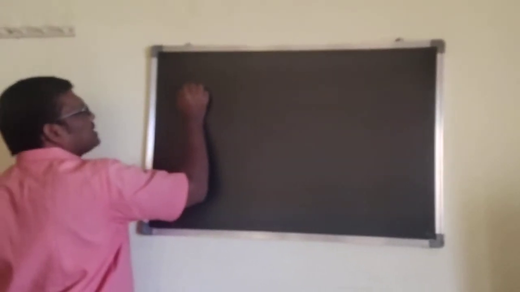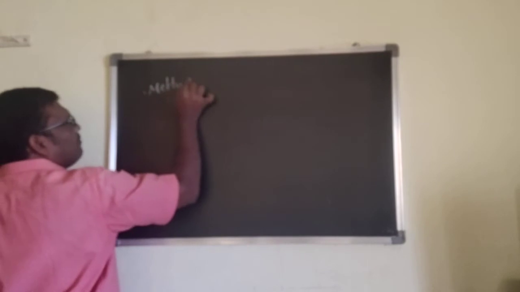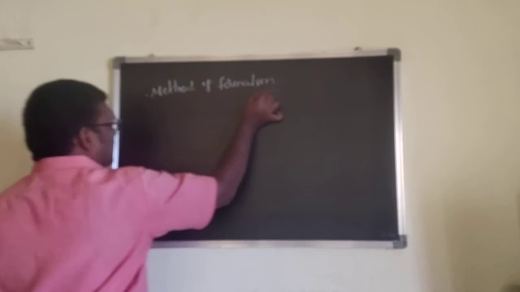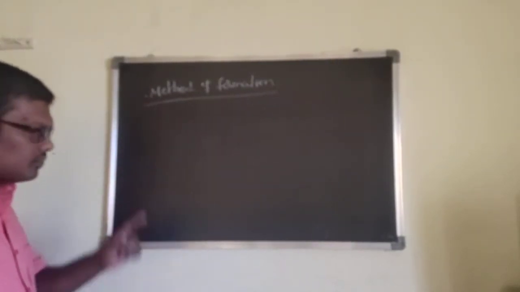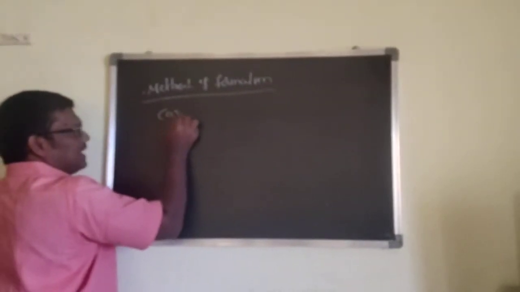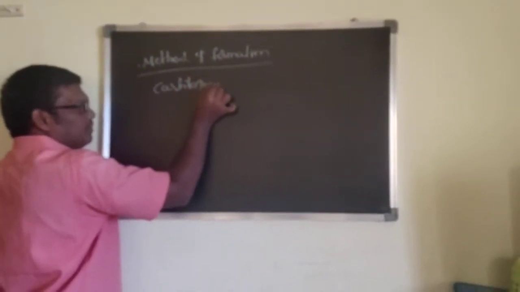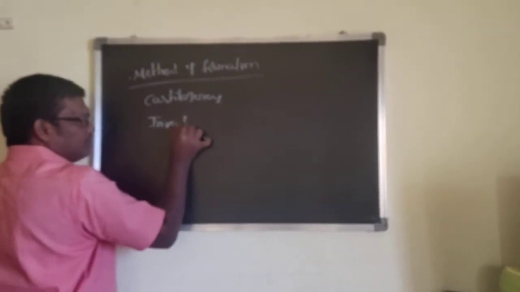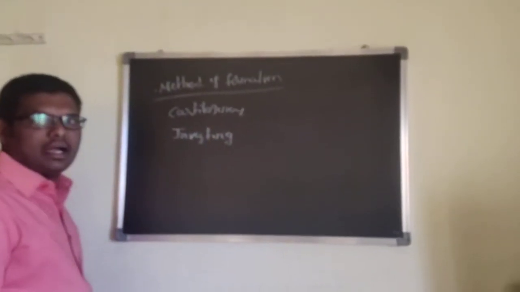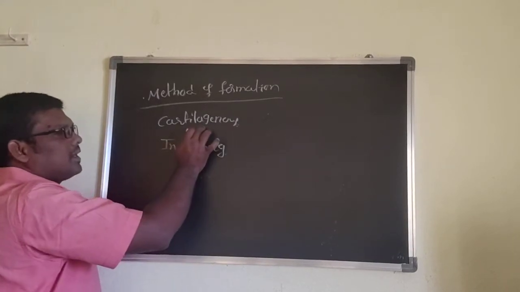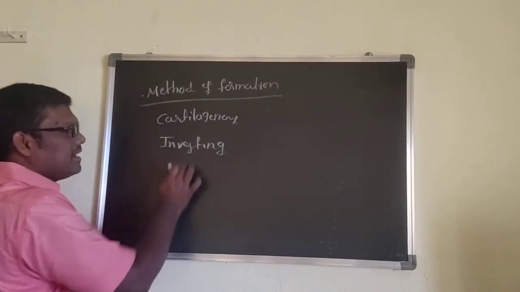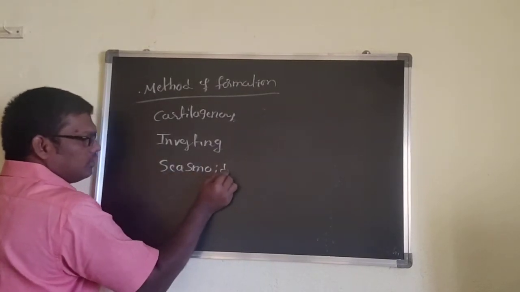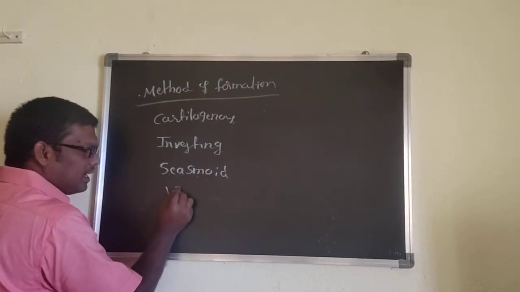Now, based upon the method of formation of bones, the first one is the cartilaginous bone, the second one is the investing bone, the third one is the sesamoid bone, and the fourth one is the visceral bone.